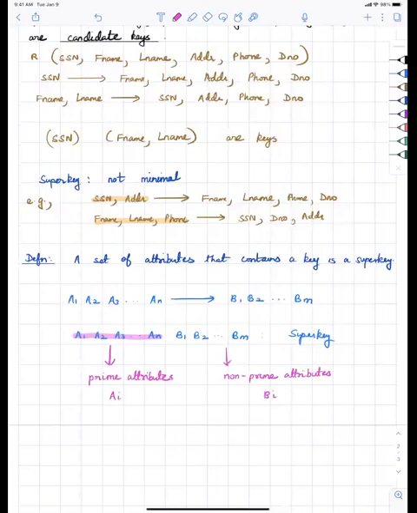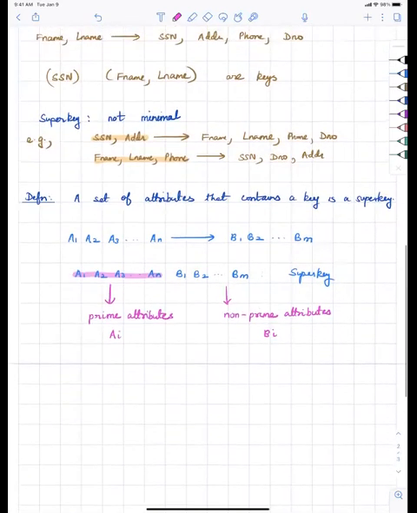Okay, so just remember them because the prime attributes and non-prime attributes will crop up when we talk about normal forms. I'm going to do a few examples, and hopefully that will help you. Even if you have questions right now, these examples should help you clear up any doubts that you have.